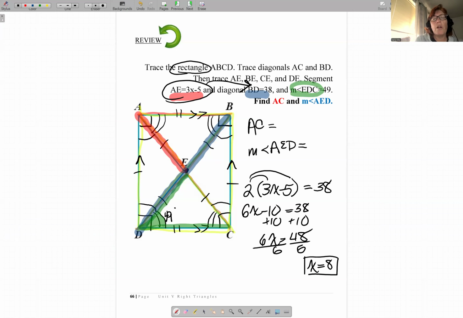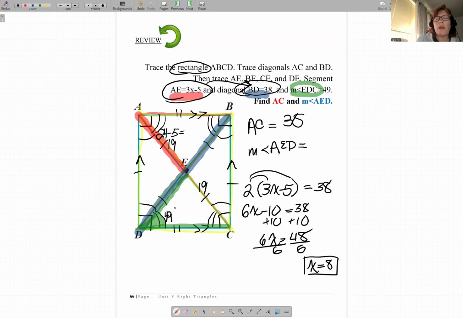So we're going to go, this whole thing is 38, and right now, 3 times 8 is 24. So that's going to be 24 minus 5, which is 19. And of course, 19 plus 19 does equal 38. So AC is going to be 38 as well.